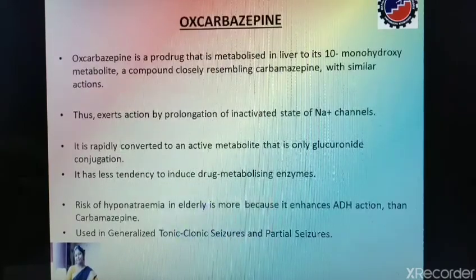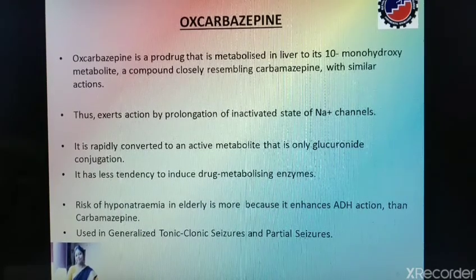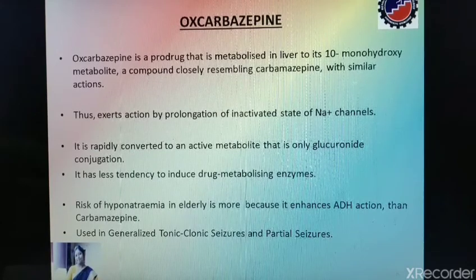The next drug of the iminostilbene group is oxcarbazepine, which is a newer congener of carbamazepine. It is basically a prodrug and is metabolized in the liver to its metabolite called 10-monohydroxy metabolite, which resembles carbamazepine and has similar actions.